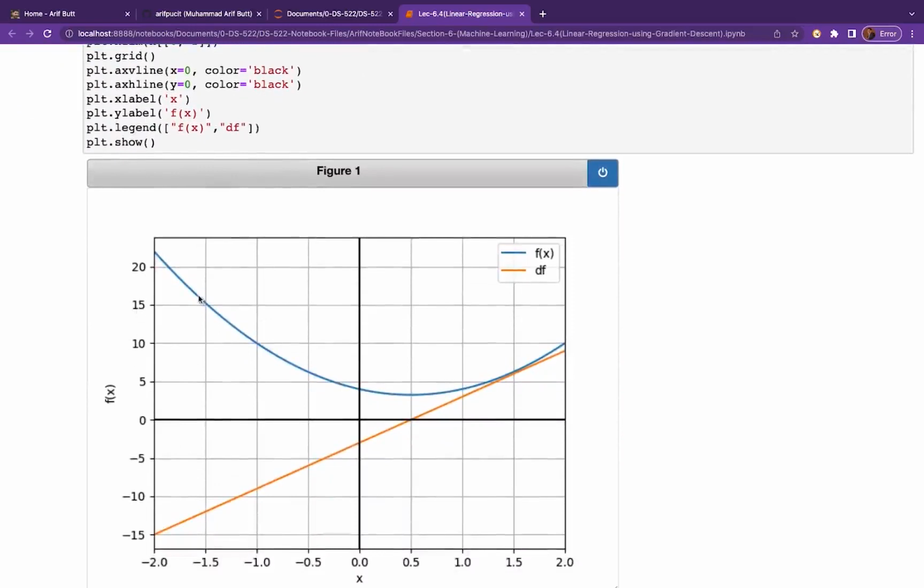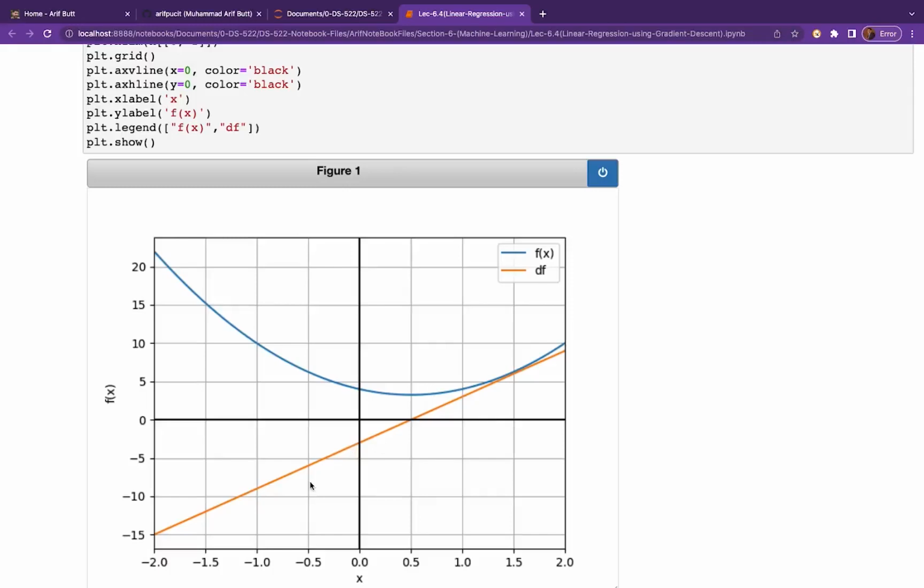Well, my dear friends, this blue curve, a sort of parabola, represents the function 3x square minus 3x plus 4. And this orange straight line represents the derivative, which is 6x minus 3, the equation of a straight line with y-intercept of minus 3, as you can see over here where my mouse is hovering, and the slope of course is positive 6.